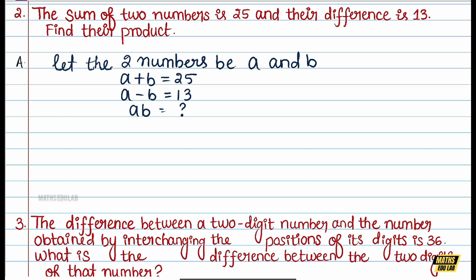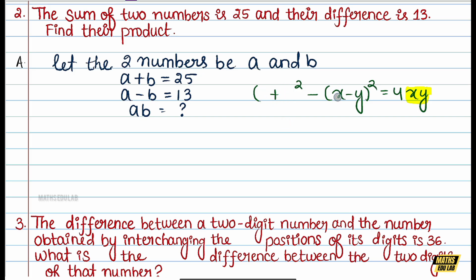As we have a formula, x plus y whole square minus x minus y whole square equals 4xy. So if you see here, we can get the value of xy so that we can solve the answer. Let me write it in the form of ab.